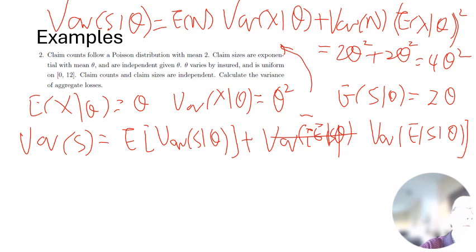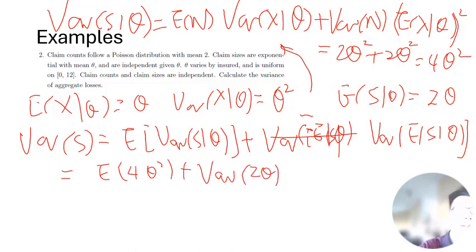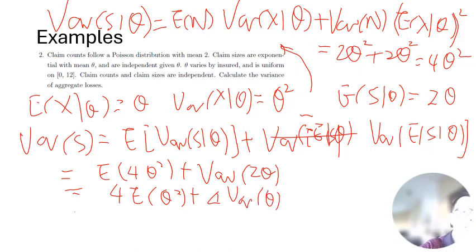Now here, the first one is the expected value of 4 theta square plus VAR of 2 theta, which is 4 E theta square plus 4 VAR theta, 4 times 48 plus 4 times 12, or 240.